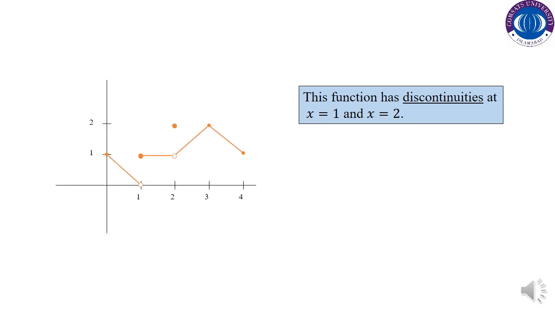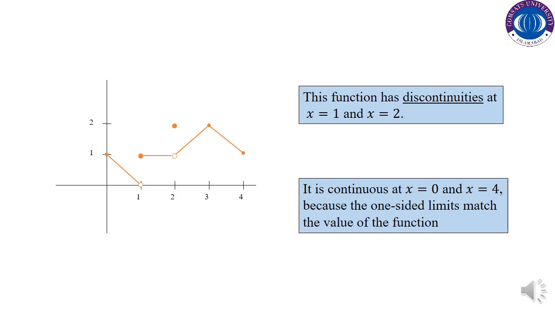Now look at this graph. If we study point 1 and point 2, then these two points are the points of discontinuity for this graph. At point 1, the limit does not exist because the left hand limit at that point is 0 and the right hand limit as x approaches 1 is 1.